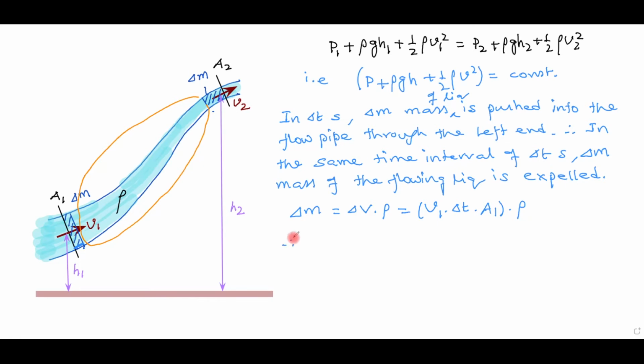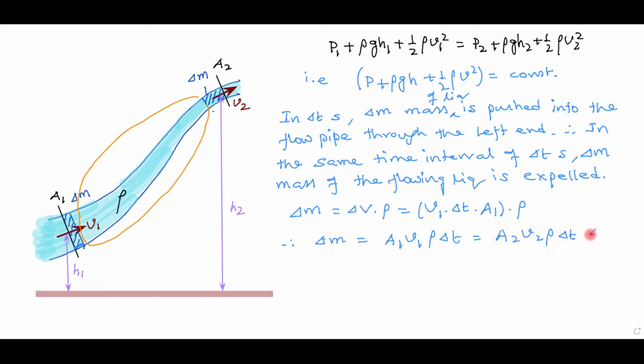Hence, for these two cross sections, we'll write del m equal to, one is A1 V1 rho del T, and the other one is A2 for this mass, A2 V2 rho del T. Okay.